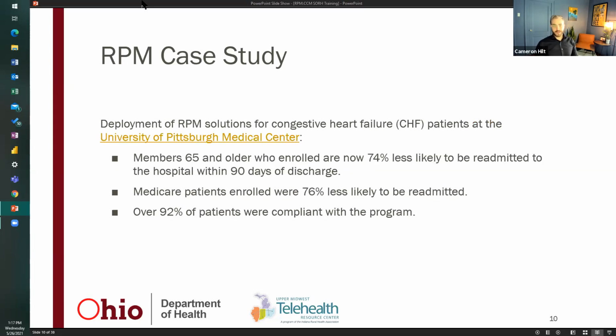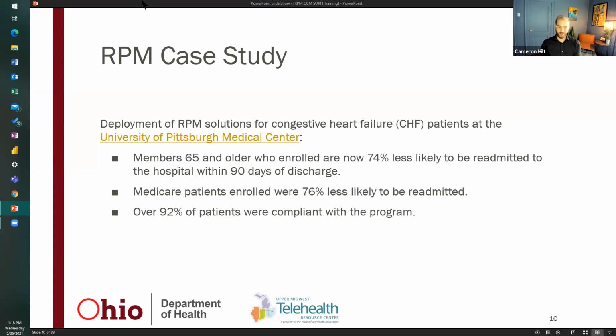The next case study is focused on congestive heart failure, CHF patients at the University of Pittsburgh Medical Center. They saw that for those members that are 65 and older, so looking at that Medicare population, they were 74% less likely to be readmitted to the hospital within 90 days of discharge. With any congestive heart failure patient, that is usually a huge focus.